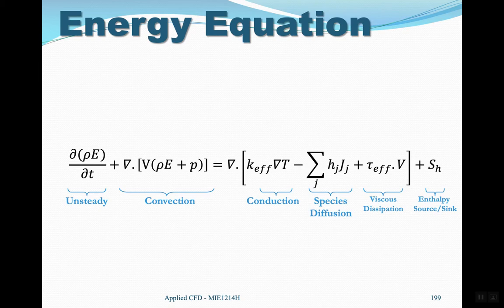For example, you have a pot of water and you put a hot ink inside that water. The ink starts diffusing inside the water, and by diffusing it will also change the temperature profile inside your water. Then you have viscous dissipation, which is basically friction between different layers of liquid.